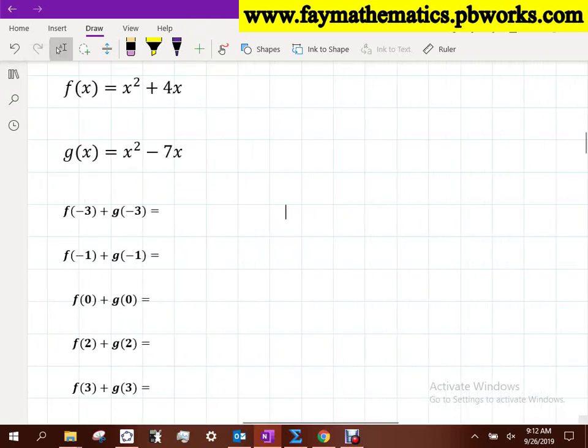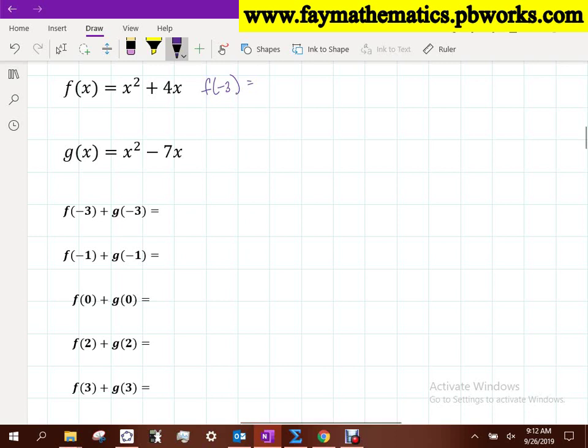So we take f of negative 3 and plug it into this function. So remember, and this is going to become very important, especially when there's negative values that are your inputs. And in the upcoming example after this one, the input will actually be another function.